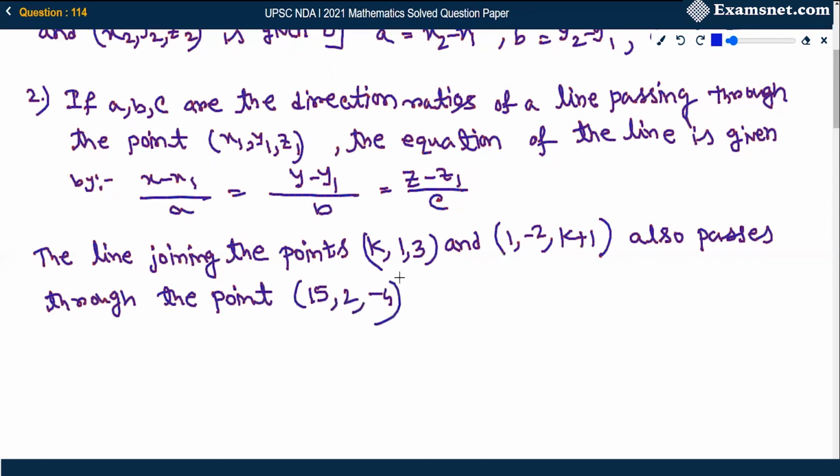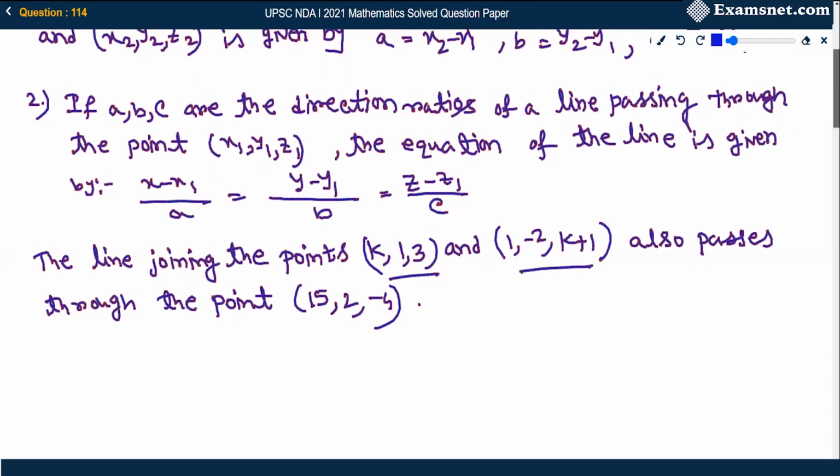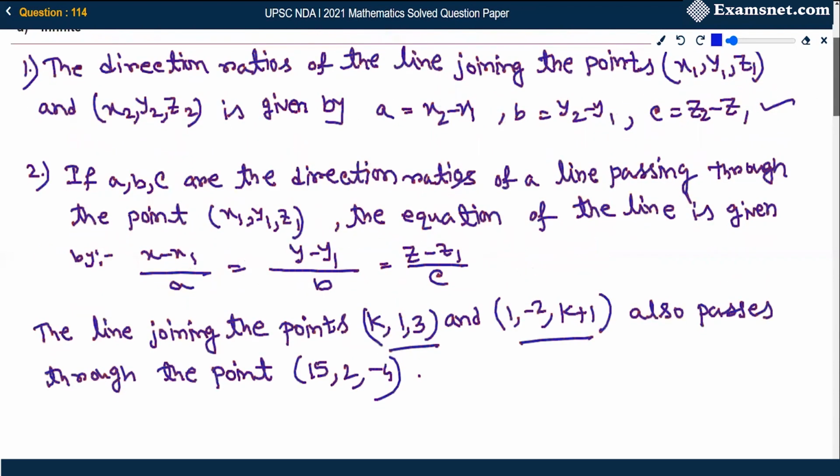For how many possible values of k? That's the question. We can find the direction ratios of the line joining these two points with the help of this formula.